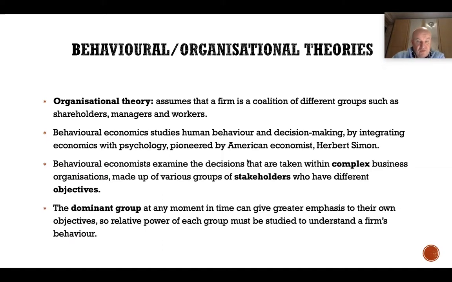And also, the view is that the dominant group at any moment in time can give a greater emphasis to their own objectives. And so what we need to think about is who holds the relative power within each group.